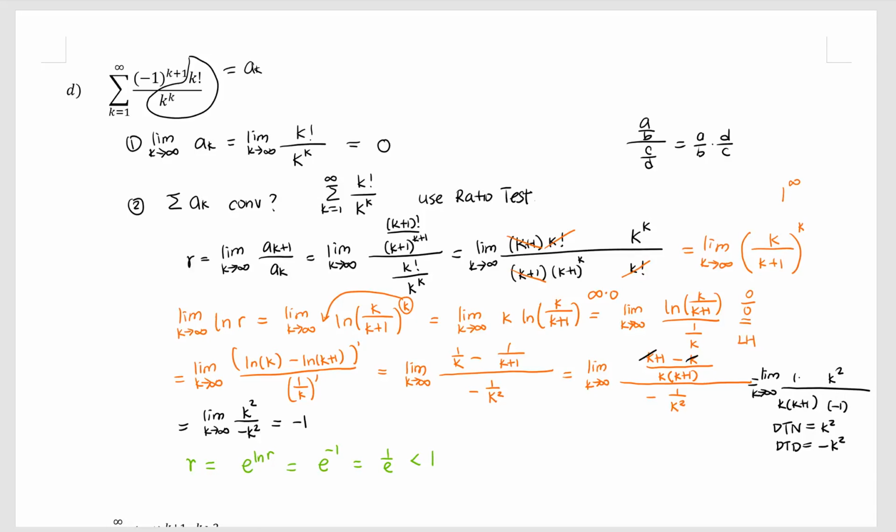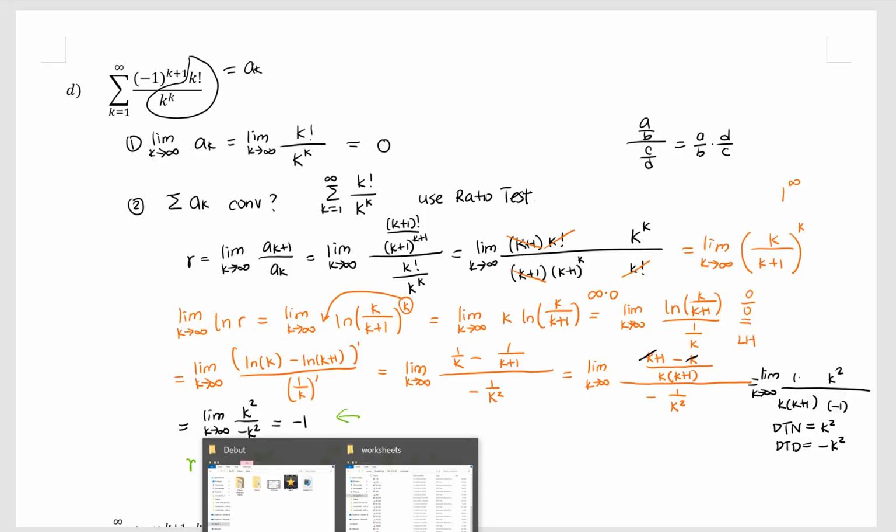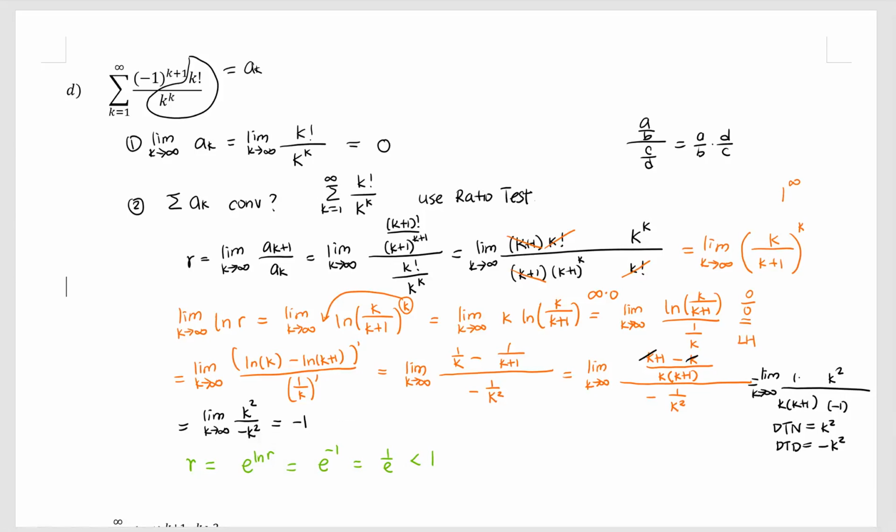Okay? If you use the minus 1, you get lost, right? Get stuck. Because r should be greater than or equal to 0. And if the absolute value of r is 1, then the test is inconclusive. So here, because r is less than 1, we know the series of a sub k converges.